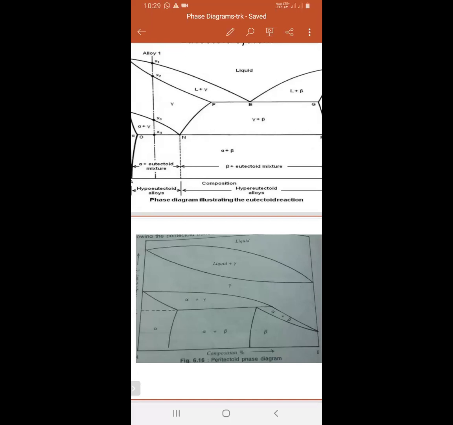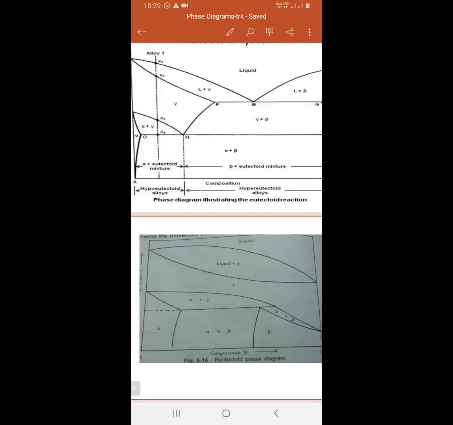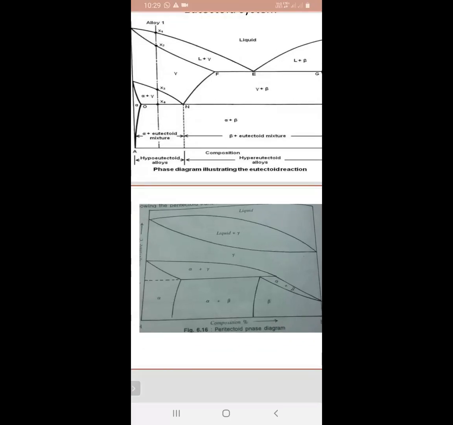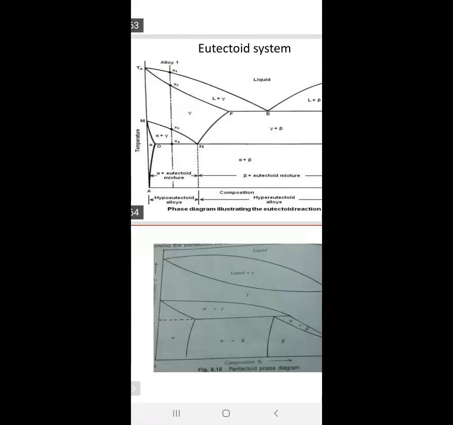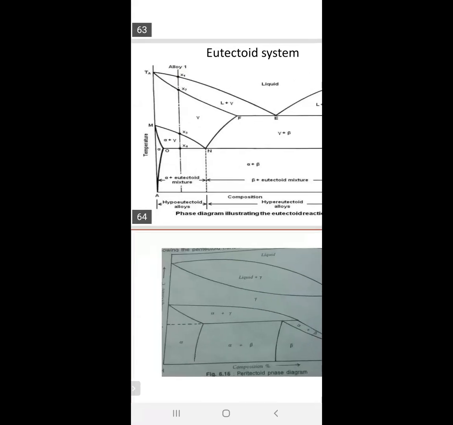Two elements A and B, we have to take and heat above the melting point temperature until these two become a liquid. Then when you cool, different phases will be formed. Then at the end, alpha plus gamma gives beta.